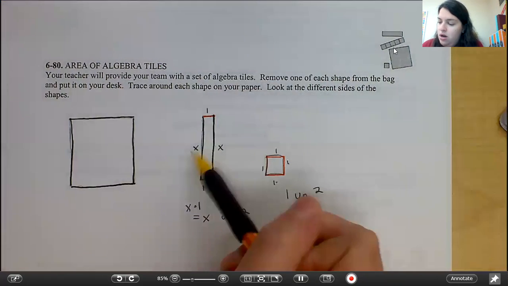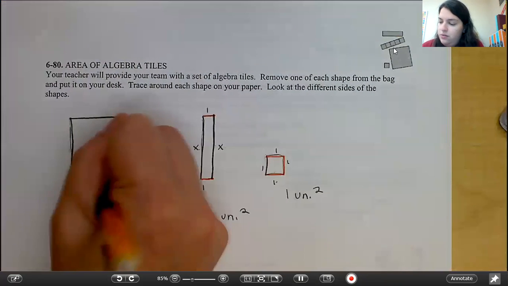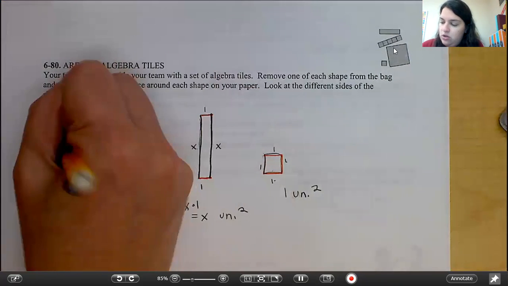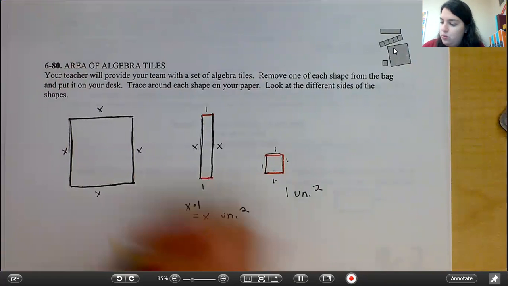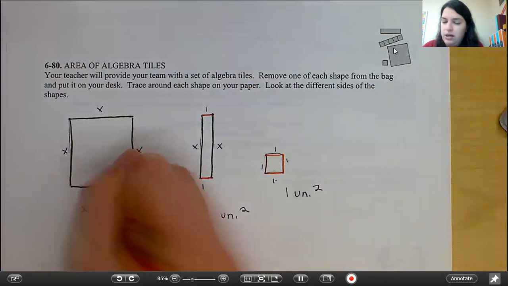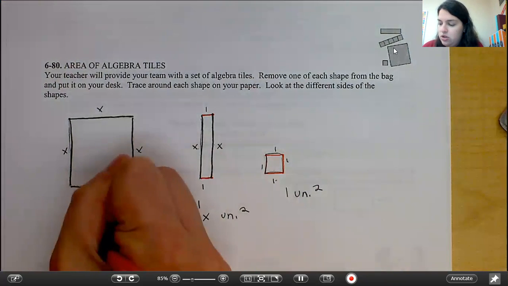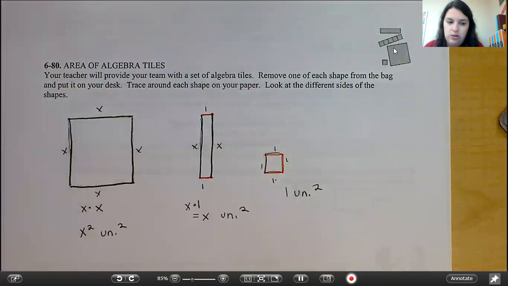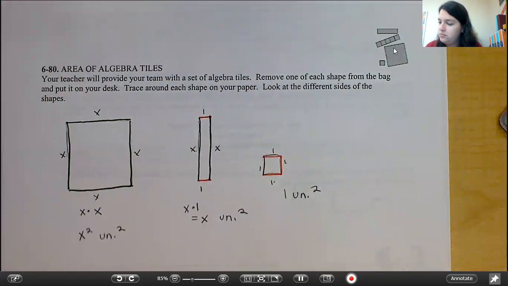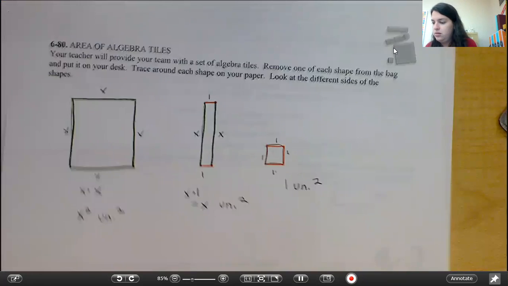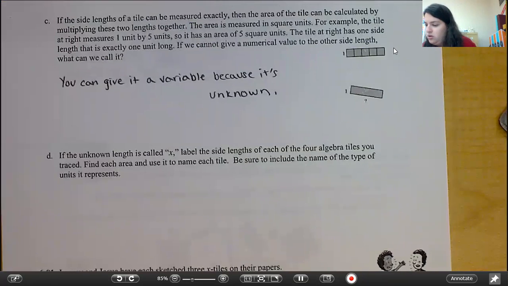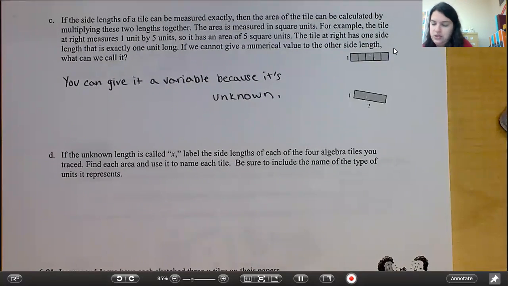Finally, if we know that this is x, all of these side lengths of that square are going to be x. So we want to do x times x for our area, which is going to make it x squared units squared. Okay. So now we've done all of 680.